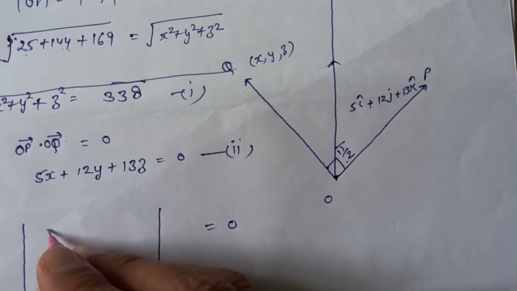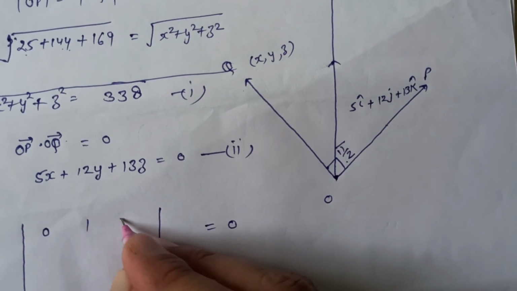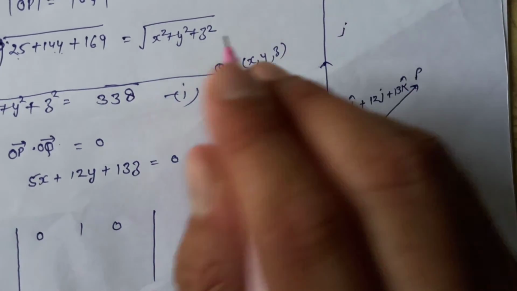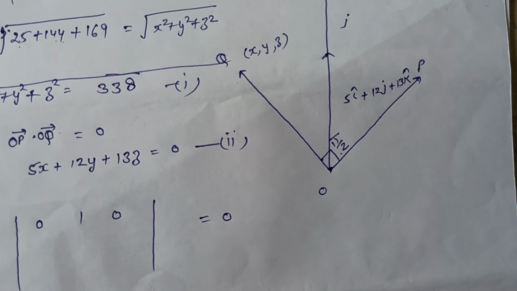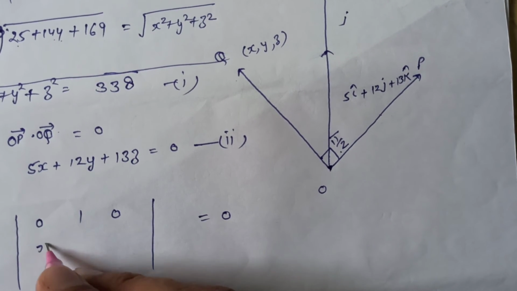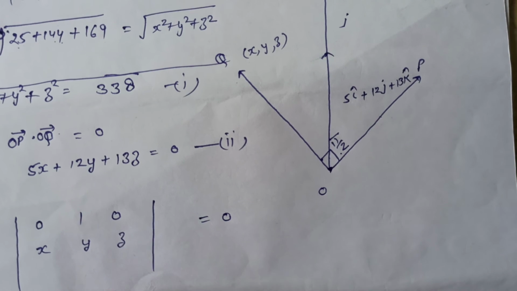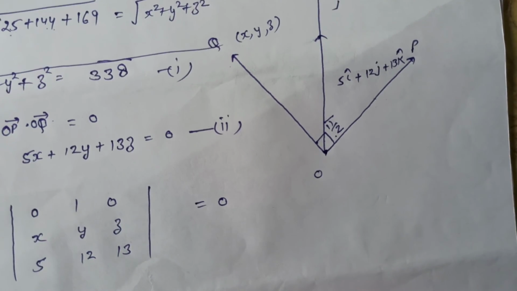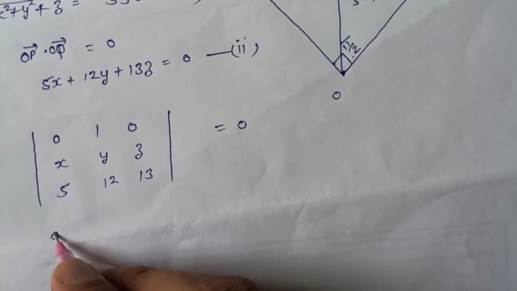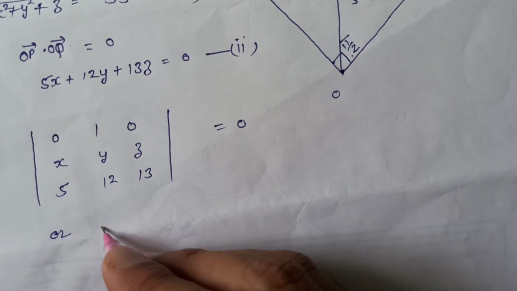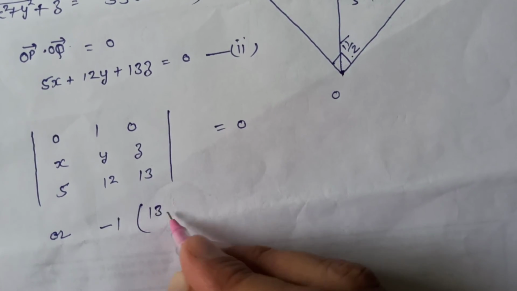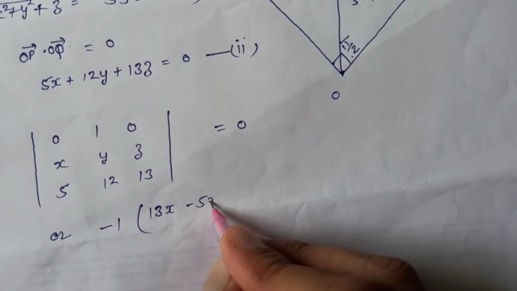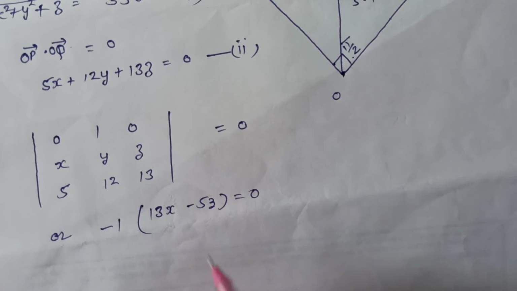The positive y axis is only the y coordinate, that is 0, 1 and 0, say j cap. The determinant of x, y, z; 5, 12, 13; and 0, 1, 0 gives minus 1 into (13x minus 5z) is equal to 0.